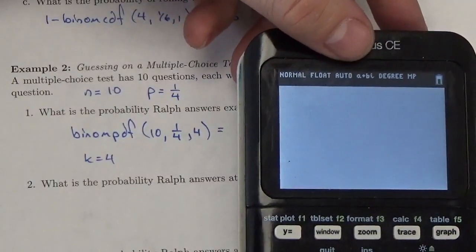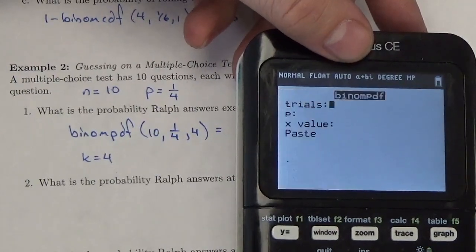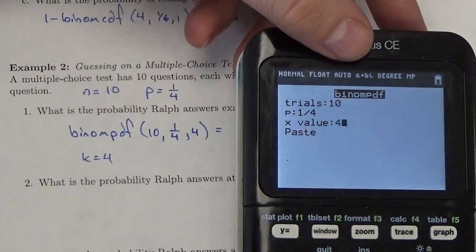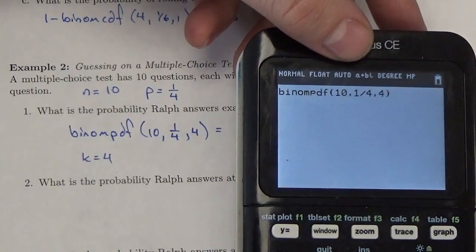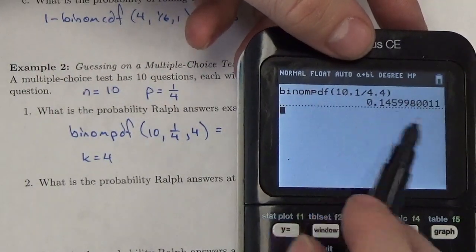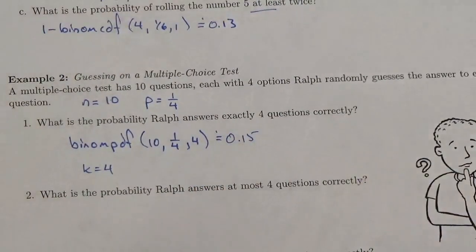Second vars to get into the distribution menu, we come down to binomial PDF, 10 trials, 1/4 probability for each one, and I want 4 successes. To the nearest hundredth, it's going to be 0.15. So this is approximately 0.15.